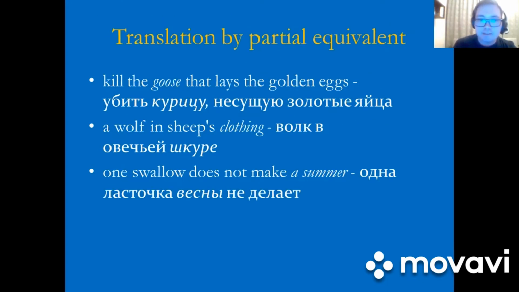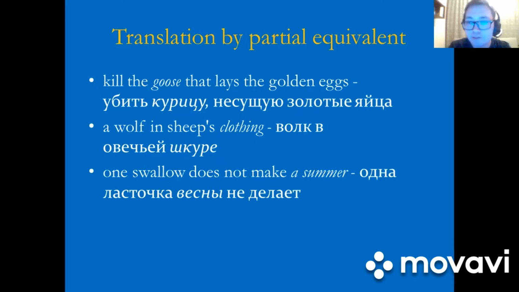So the next technique that could be applied in translation of phraseological units is translation by partial equivalent. Here again, you can see examples. The first one, kill the goose that lays the golden eggs. And in Russian, we say убить курицу, несущую золотые яйца. You can see that they're quite similar to each other, with only one difference.